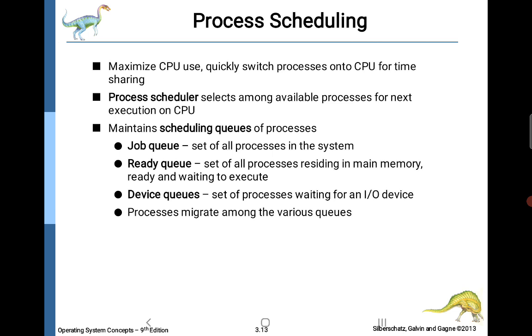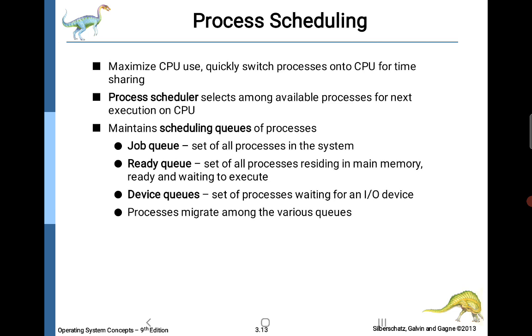Schedulers are the programs that make decisions regarding changing the state of the process. There are mainly two process schedulers, the long-term scheduler and the short-term scheduler. And they are governing multiple queues in the operating system.